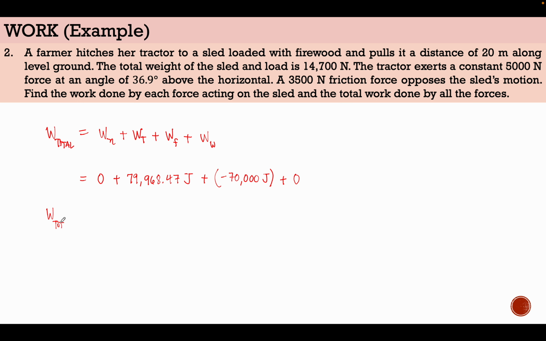So calculating this, our total work is equal to 9,968.47 joules. So this is our total work done by all of the forces acting along the sled.